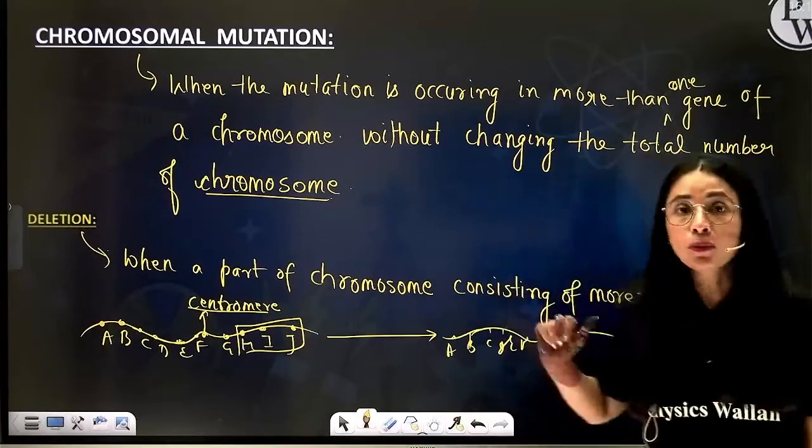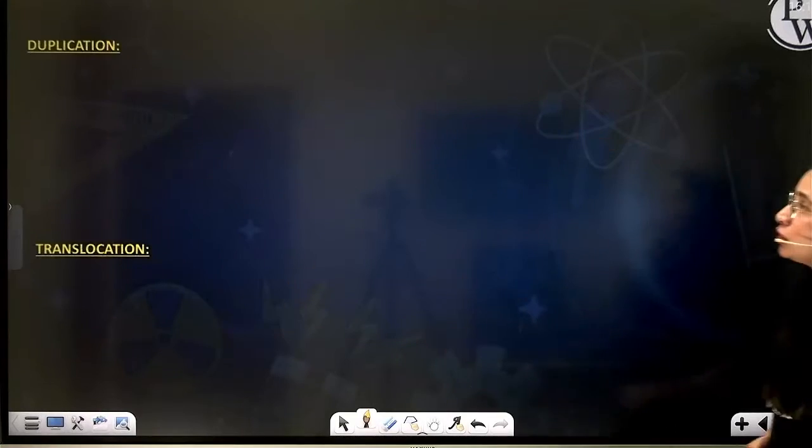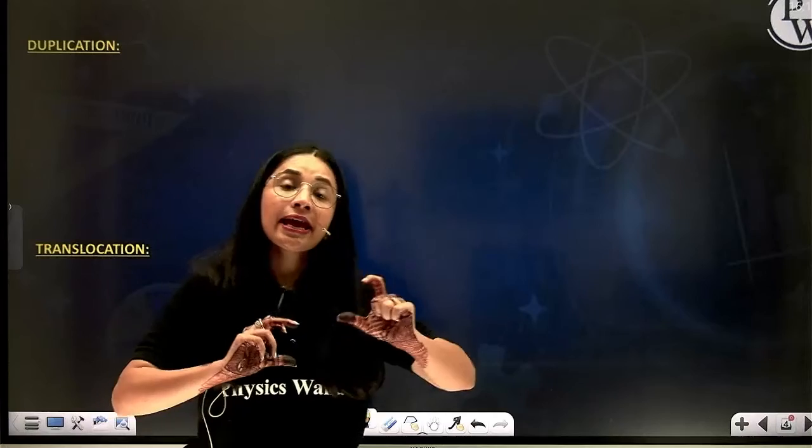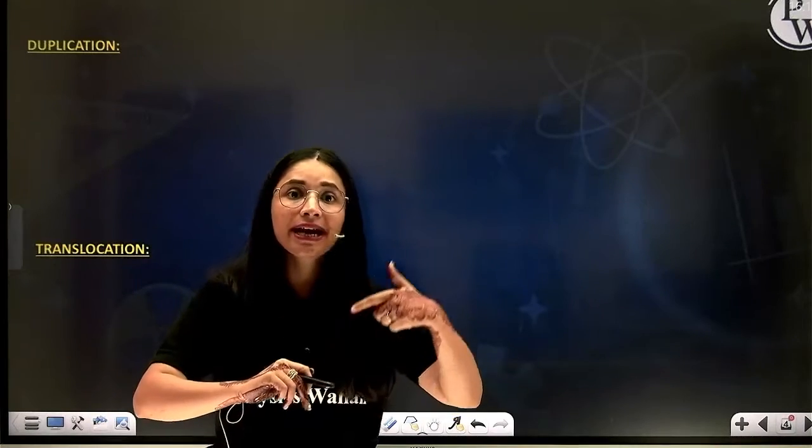Second is duplication mutation. Duplication chromosomal mutation means when the same segment of the chromosome gets repeated, duplicated. Correct?